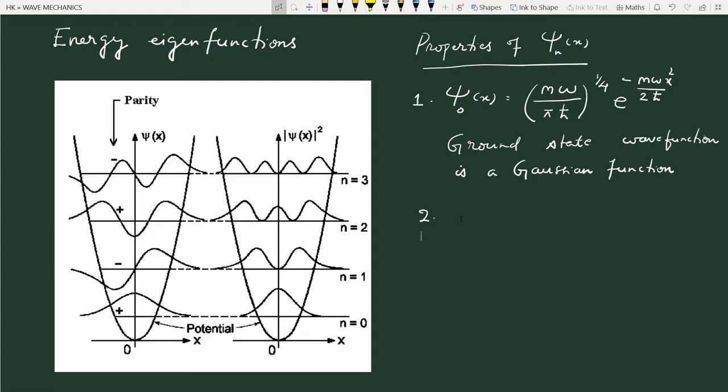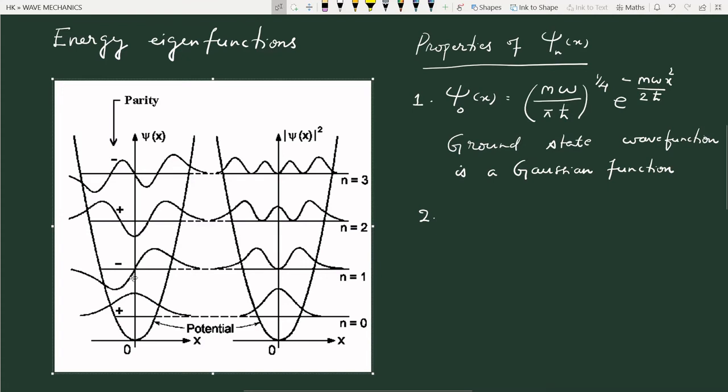Okay. Now let us look at the parity of the wave functions. It is noted here in this expression. You can see that the n equal to 0 wave function has even parity. It is symmetric about x equal to 0. Here it has odd parity. For example, if you place a mirror and look at the n equal to 0 wave function, the wave function on the left hand side and the wave function on the right hand side are exactly equal.